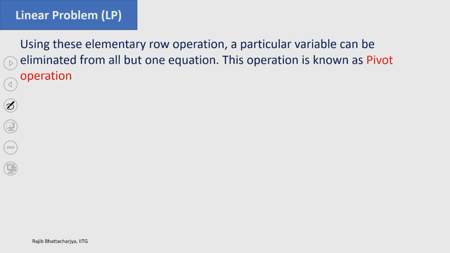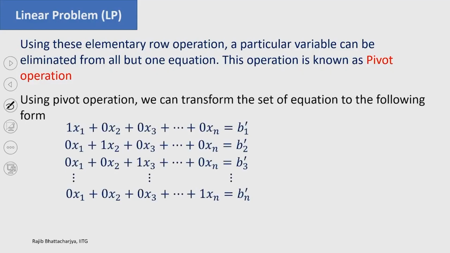Using these elementary row operations, a particular variable can be eliminated from all but one equation. This operation is known as the pivot operation. So, I can eliminate a particular variable from all the equations but one. In one equation I keep it, and I eliminate that variable from the other equations using the row operations we have discussed.